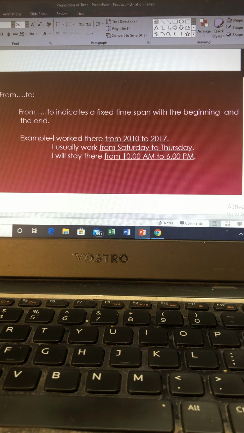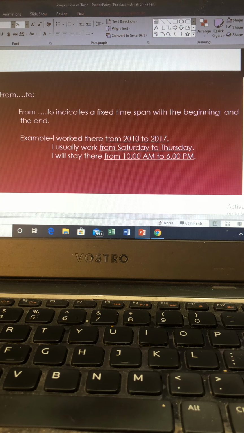This period is specified. It is very clear, right? Starting point is there, ending point is also there. From 2010, the person started and it ended in 2017.